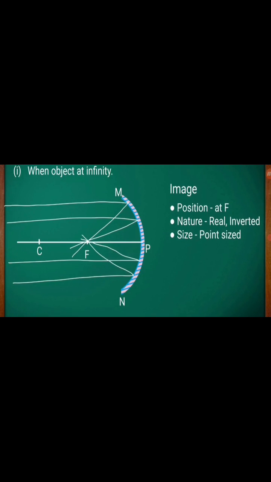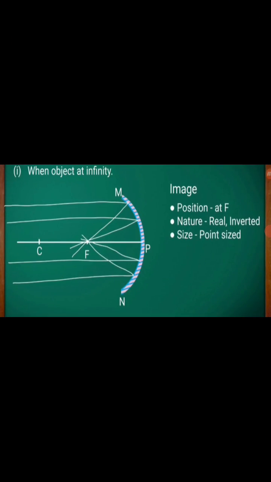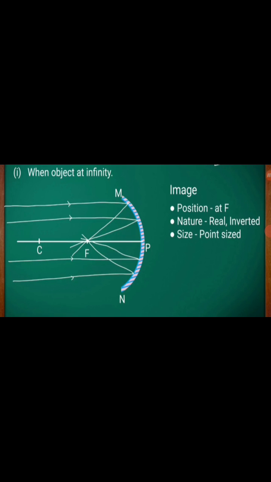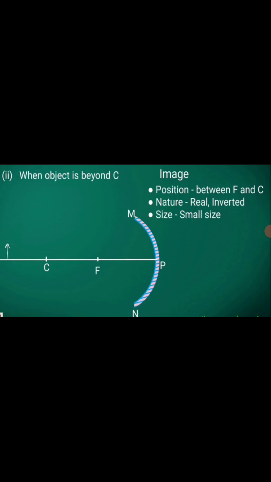Size is a point size. It is very difficult to recognize the image formation, so we call it a highly diminished image. Therefore it is called a point size image. So I can say the light rays are coming from infinity and they are merged at the principal focus.